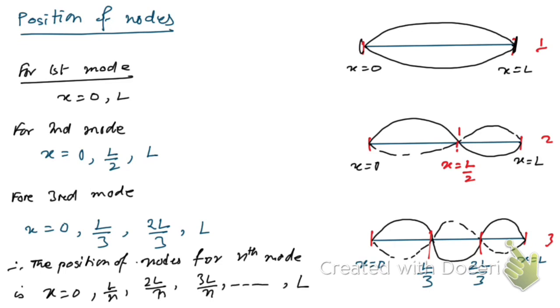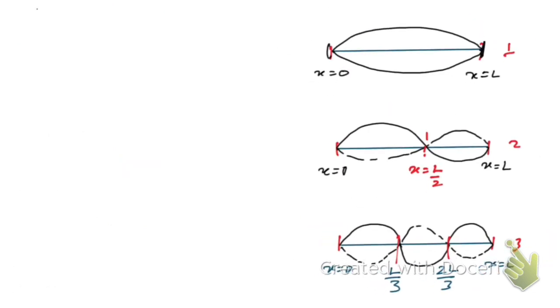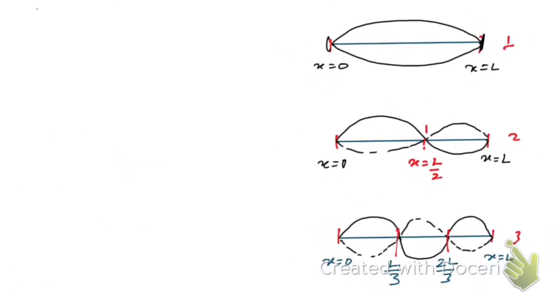So now let's find the position of antinodes. Let me copy these diagrams and take a new slide again. So here you see the position of antinodes. Here this is x equal to L by 2. So this is the position of an antinode, and this is also the position of an antinode. Now you see how to find the position of antinodes.